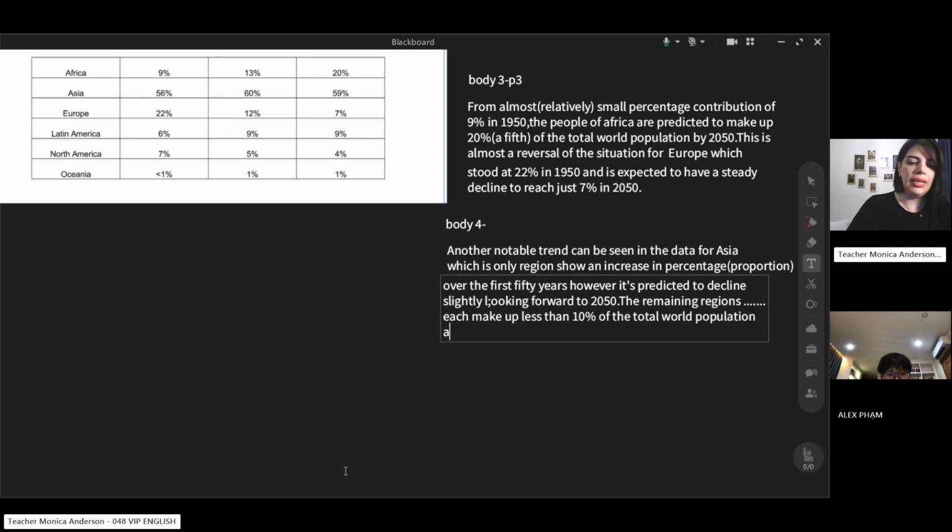For example, and show only small fluctuations in distribution over the whole period of time.